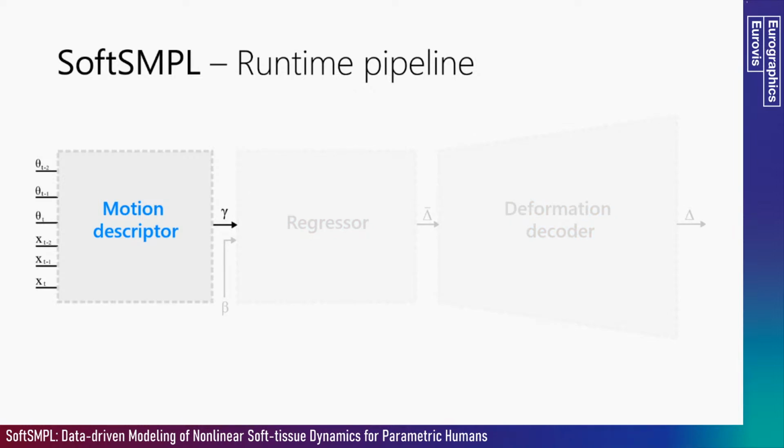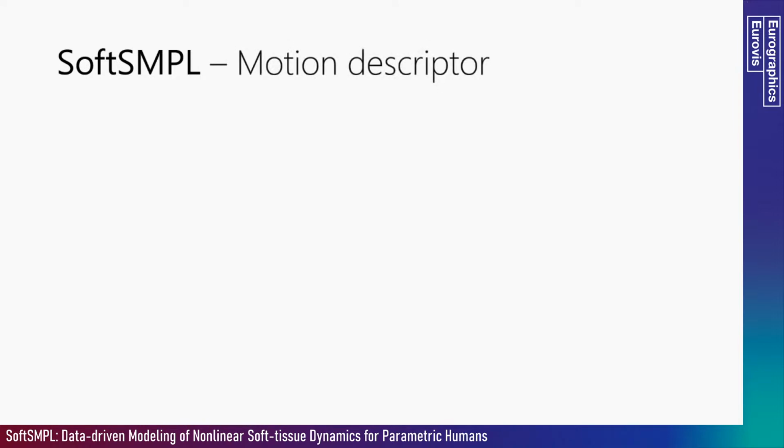Different methods represent motion differently, but the general idea is that the vector gamma has to contain information about the current pose as well as the global movement of the avatar. The standard way of representing pose in skinning-based models, such as SMPL, is to use a vector of joint rotations, but this representation carries several problems. Since the model contains redundant joints to enable fine control of the pose, this results in an over-parameterized representation.